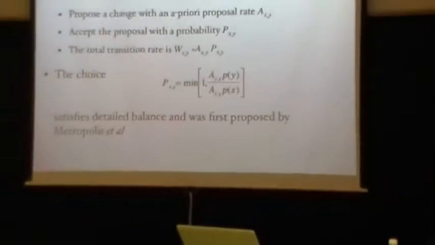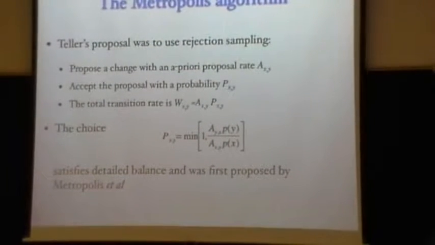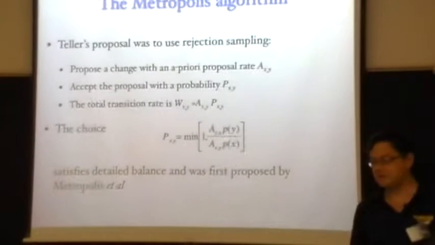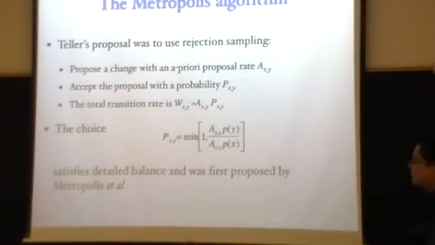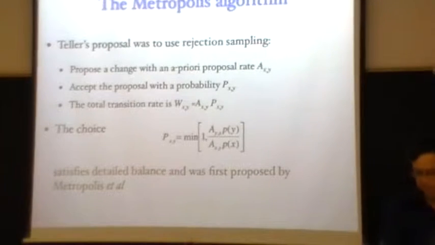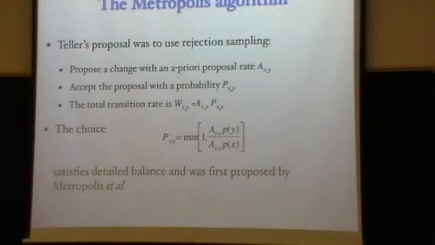And now for our method, what does it mean in the Metropolis method? We start from a configuration. You want to propose a new configuration, like a step forwards or backwards or left or right, with a certain probability A_xy, the a priori rate.